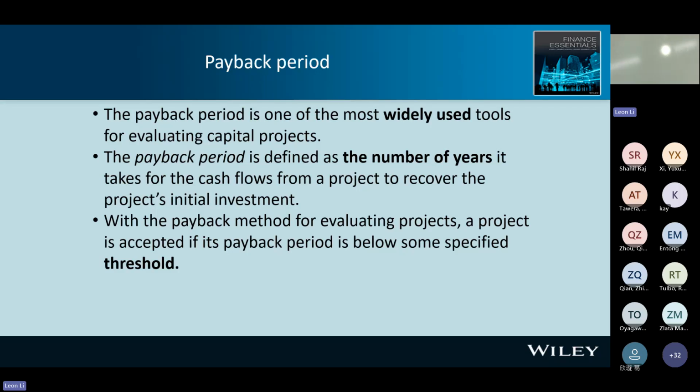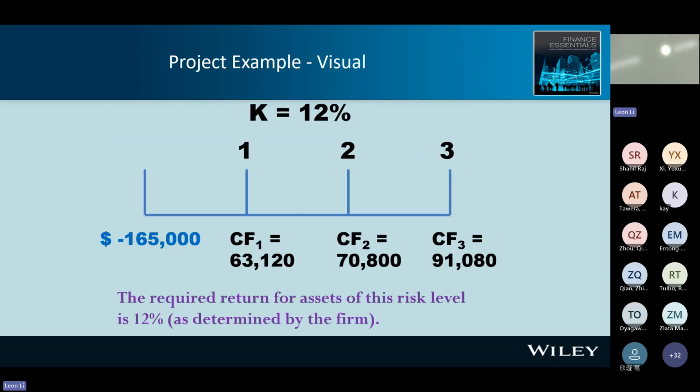Again, we use the example to show you how to do the payback. This is our example, the timeline again. This is our 3-year project, with the initial cost negative here and the future cash flows. Now we'd like to know the payback of the project. That means how many years to recover the initial cost.